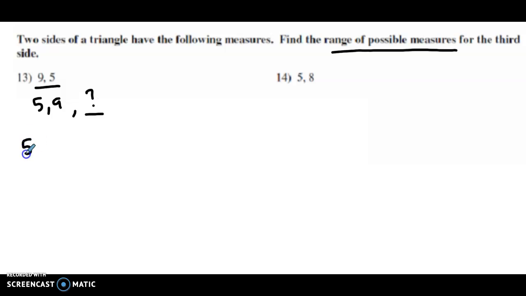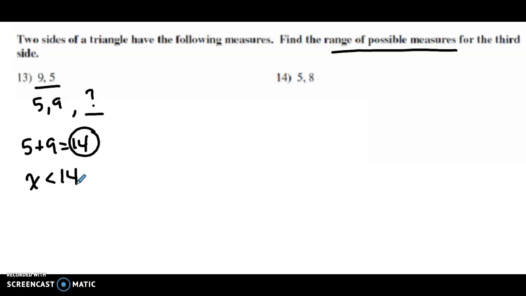But we know that since 5 plus 9 equals 14, whatever the largest side is, it has to be less than the sum of the two smaller sides. So if 5 and 9 were the smallest sides, the largest side would have to be less than 14. You notice how I didn't say 13, because technically it could be 13.8 or 13.9 or 13.99. It just has to be less than 14.